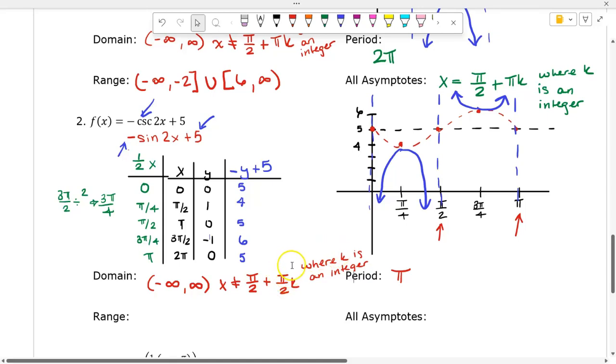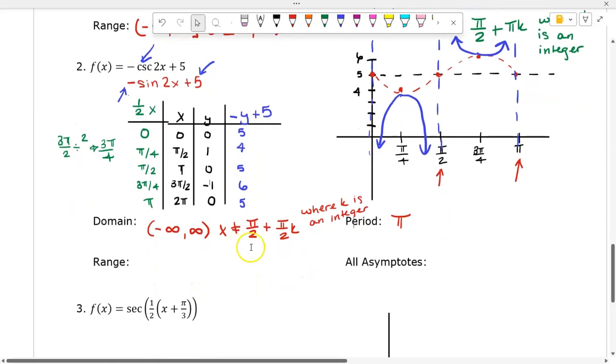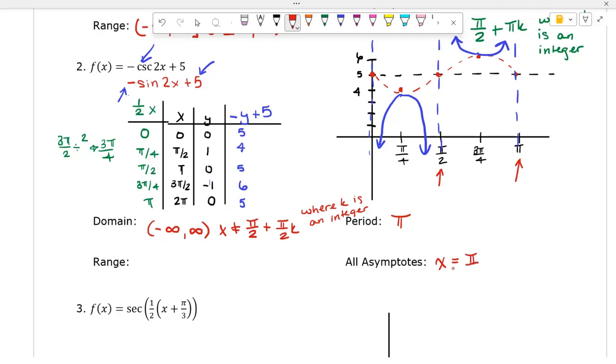It's basically saying it's going to be every half of my period that I put here. So the pattern that you're always going to do for your domain, when you're creating the x values that it cannot be, and the same thing for what your asymptotes equal, is x equals pi over 2 plus pi over 2 k, where k is an integer. What you're always going to put here is whatever half of the period is.